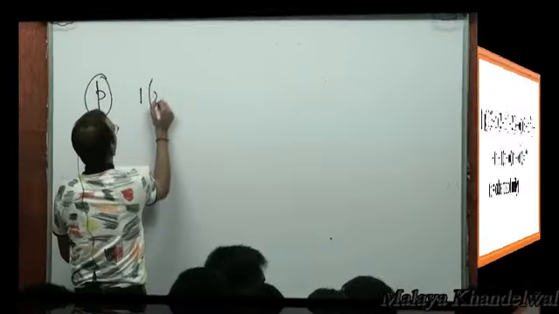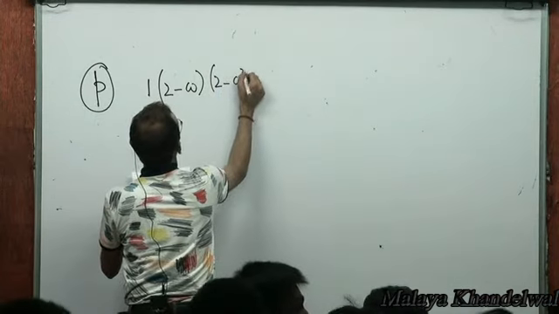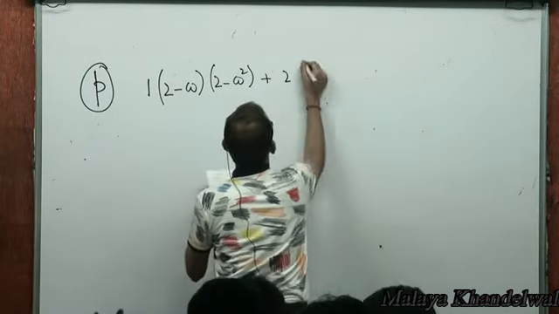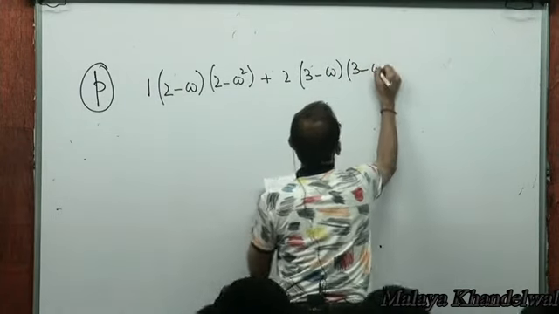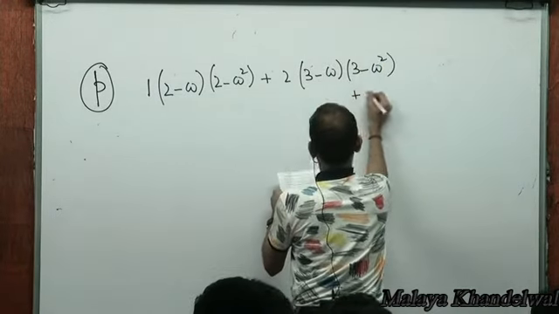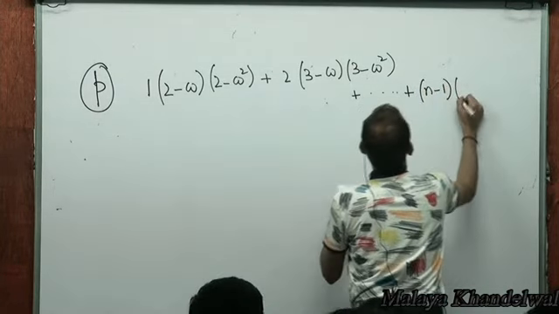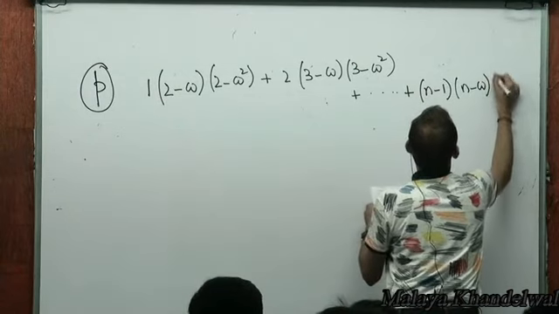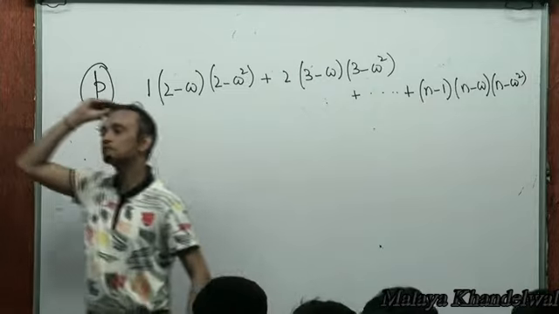1 into 2 minus omega into 2 minus omega squared, plus 2 into 3 minus omega into 3 minus omega squared, plus and so on up to n minus 1 into n minus omega into n minus omega squared. We need to find the value of this, right?